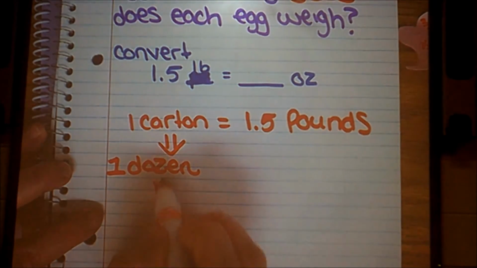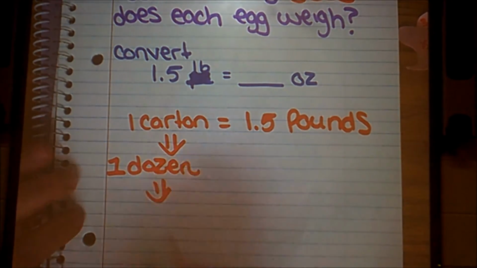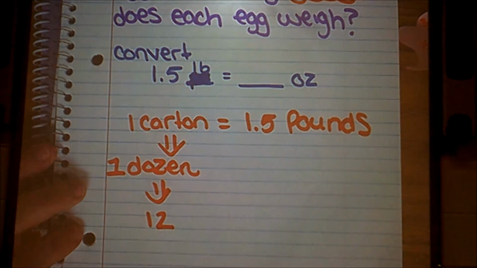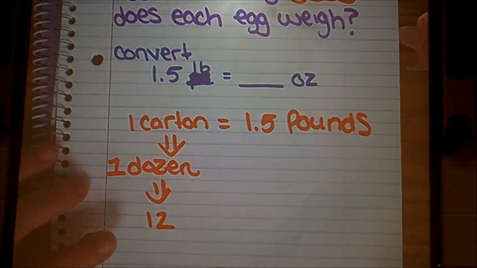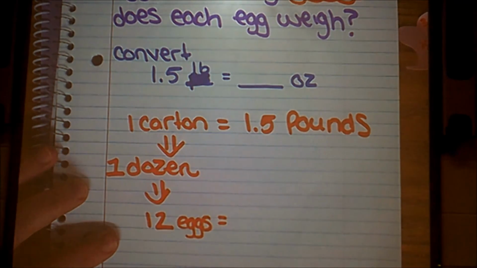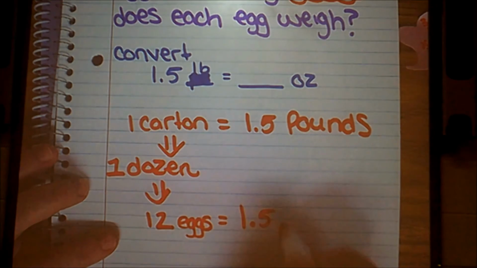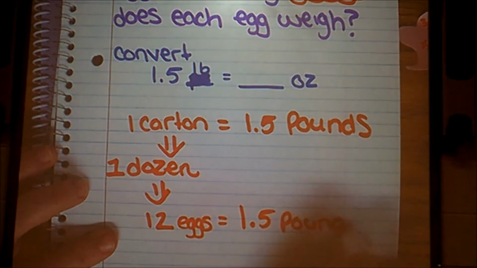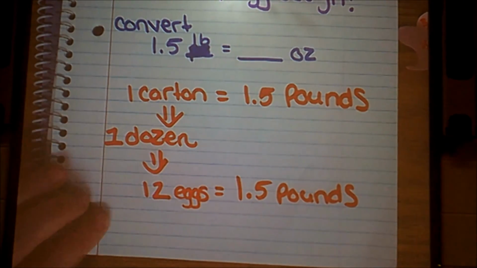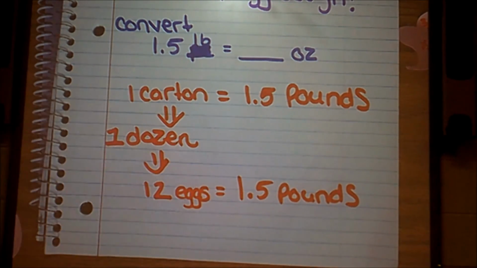Even more, I know that a dozen is 12, unless you are a baker. So now I know that 12 eggs equals 1 5/10 pounds. That's going to be helpful because my question wanted to know how much each of these 12 eggs weighed. So I'm going to have the number of eggs to be able to solve this problem.